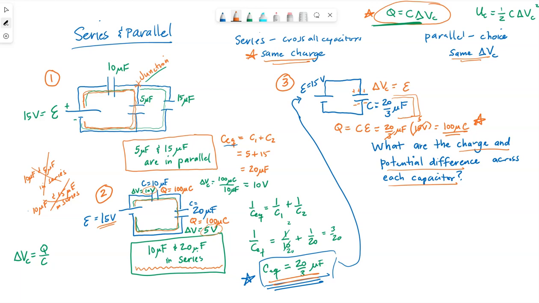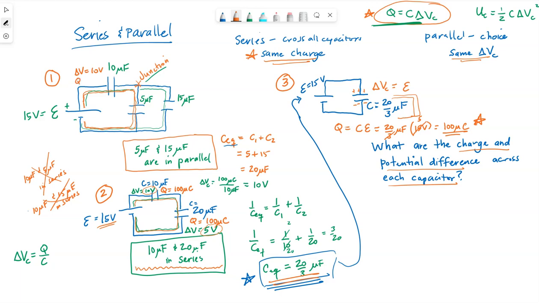Okay, so at this point, now that we have charge and potential difference for our individual capacitors, we're taking a step back again to circuit 1. So we have the capacitance. The 10 microfarad capacitor is the original capacitor in the first circuit.